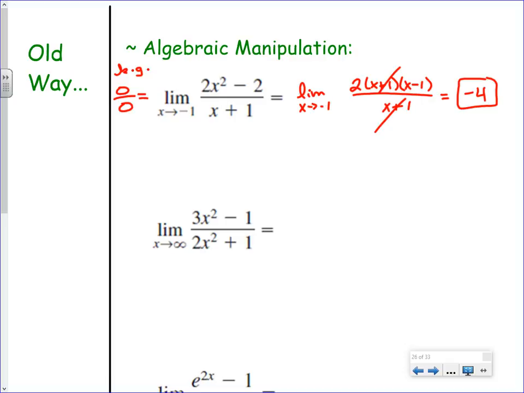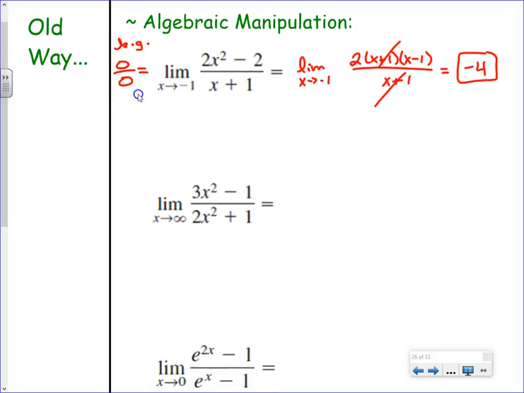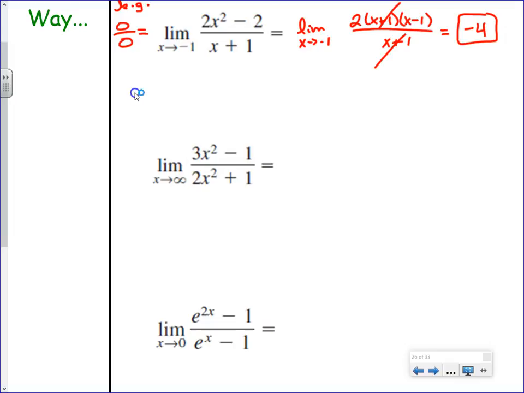Okay. Next one. Angela, now we need you. Degree test. Yeah. Okay, we know the answer is 3/2, but why on earth is this in the keep going section? Can you go look at your indeterminate forms and figure out which form this one is?